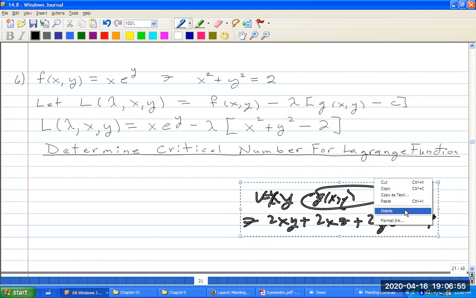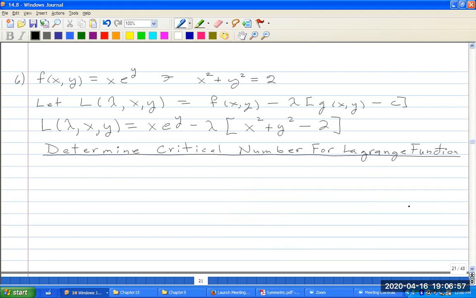It will now say, well, instead, let's create this new function and just optimize that new function. Okay, so let's determine the critical numbers. So meaning I want to look when the gradient of the Lagrangian is 0, or when the gradient of the Lagrangian does not exist.